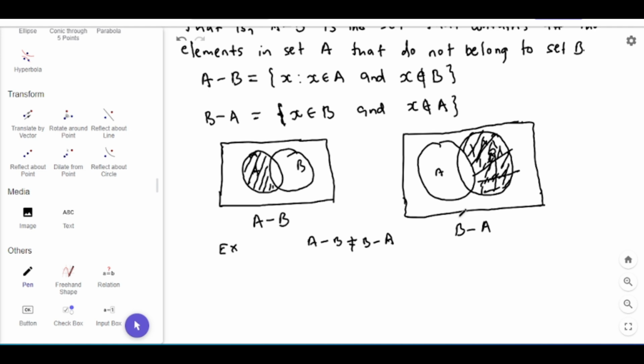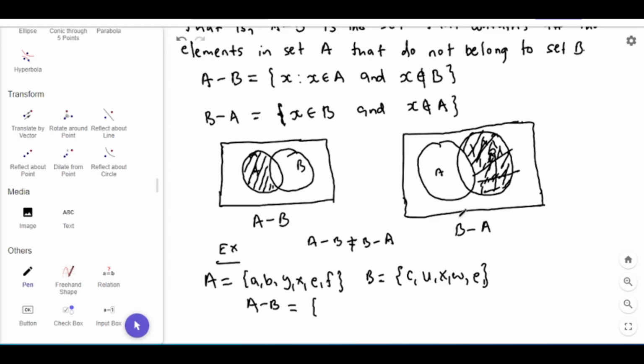So let's see an example to prove that. We are given set A equals A, B, Y, X, E, F. And now we are given set B: C, U, X, W, E. We want to find A minus B, which equals the elements in A that are not in B. We're going to have A, B, Y, and F. What about B minus A?